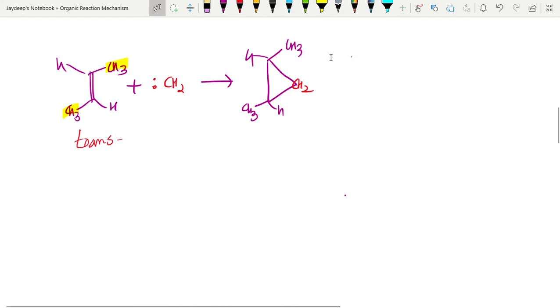Now you can see the position of the methyl groups is the same as in the reactant. So the stereochemistry is maintained. A trans reactant gives a trans product, so the reaction is stereospecific.